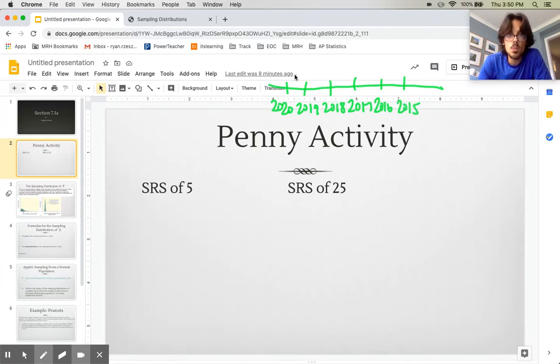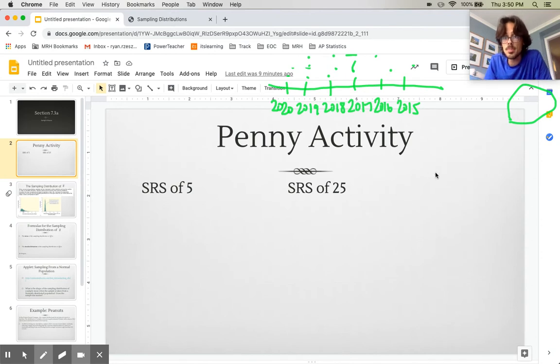And what you generally find in the population of pennies is that lots of pennies are new. There's lots of pennies that are 2019, 2018, 2017, and so on. You don't find too many pennies from over in the 1940s and 1950s because they've been lost or taken out of circulation.